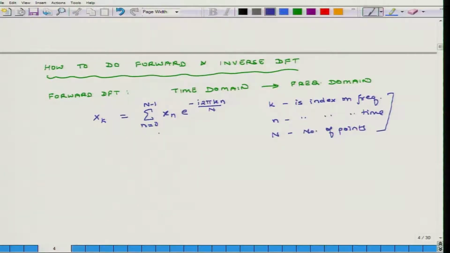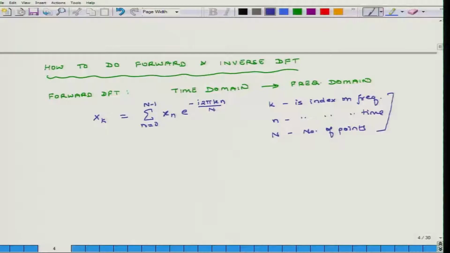So, if we use this transform, we can calculate capital Xk. So, capital Xk is a string of numbers which represents a time series data in the frequency domain.